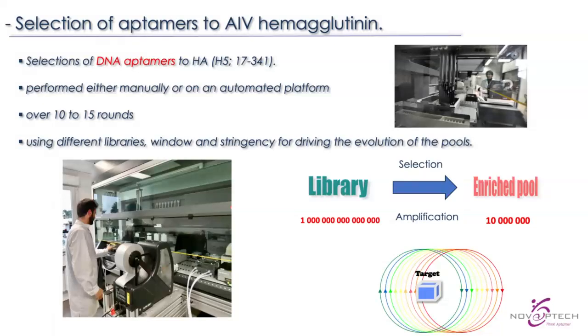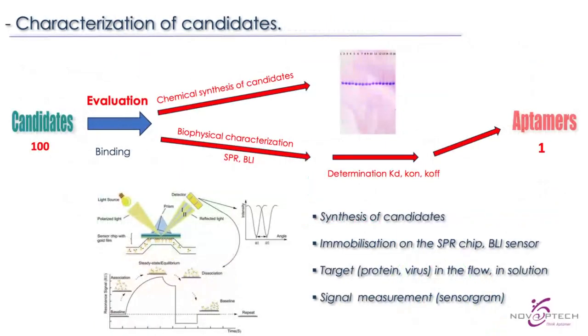Once we have performed this selection, as I mentioned before, we get an enriched pool that will then be analyzed for identification of potential candidates, essentially by bioinformatics. Following this bioinformatics analysis, we picked something like 100 different candidates.